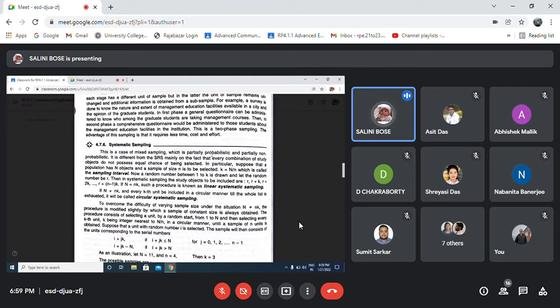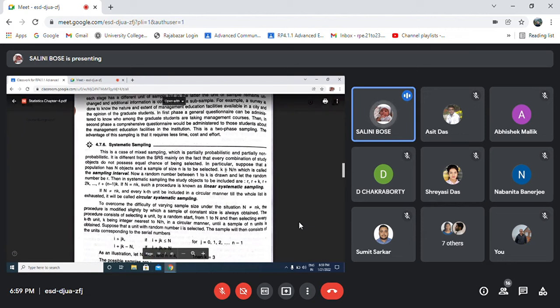What is that sample interval? The sample interval is small k, which is capital N by small n. Whatever be the value of k, we choose that interval from the sample. Clear?